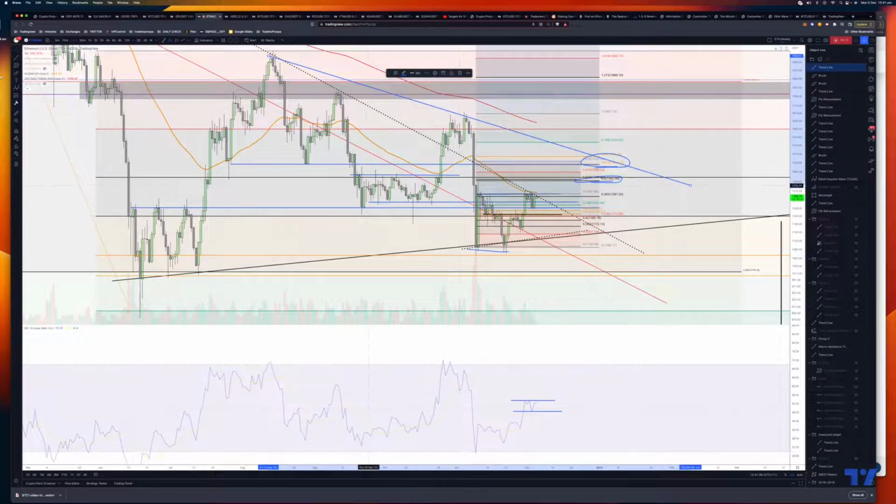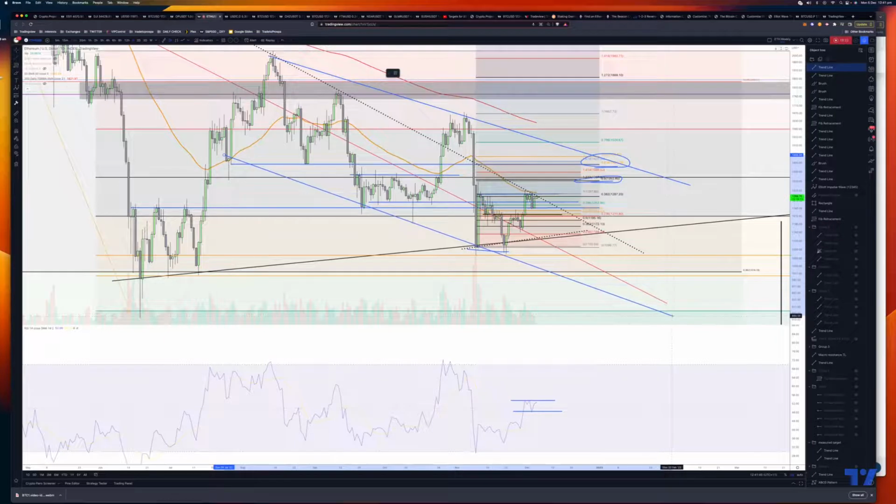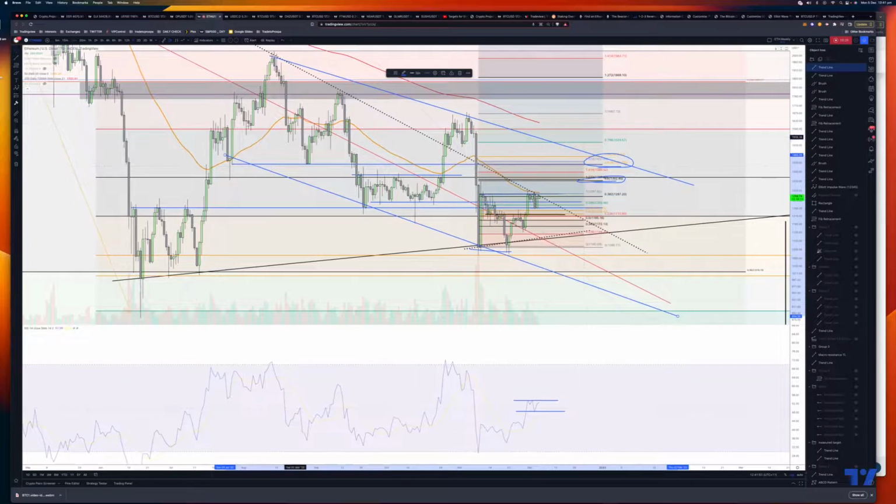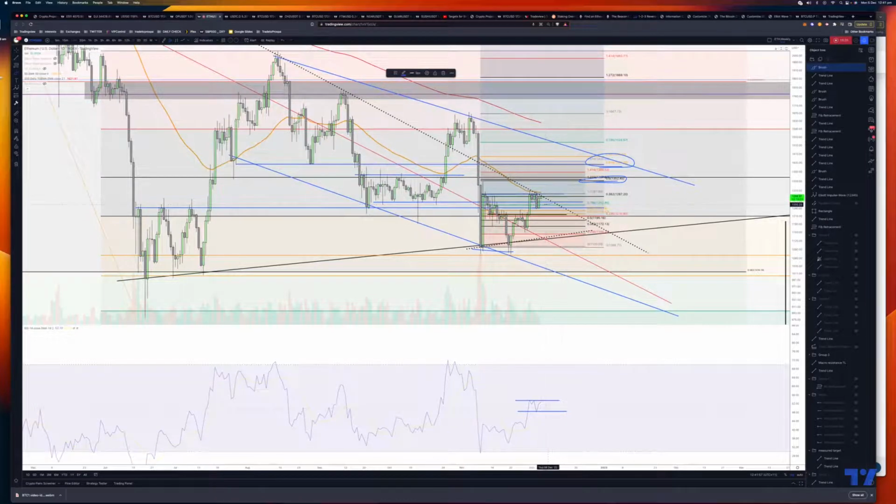What does it mean in the big picture of things? It is a broadening structure, actually, isn't it? Broadening structure. We might just, yeah. See, this is what I like.